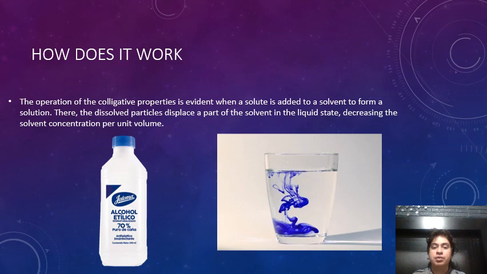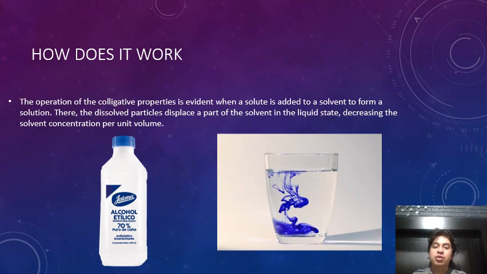Some of these properties are a function of the nature of the solute. Other properties depend on the solvent, although they can be modified by the solute: surface tension, refractive index, viscosity, etc.